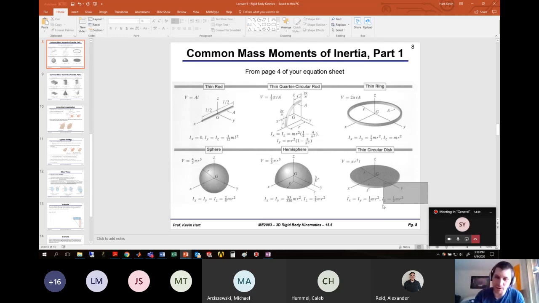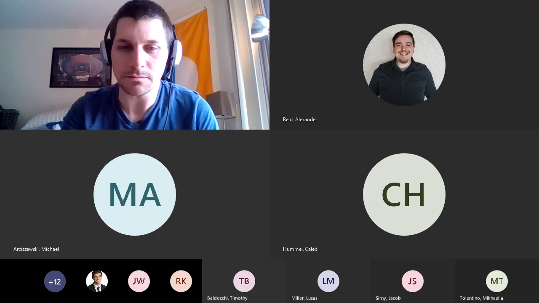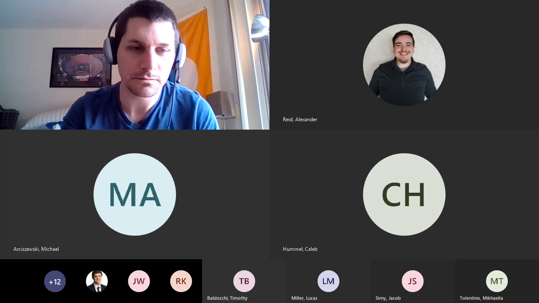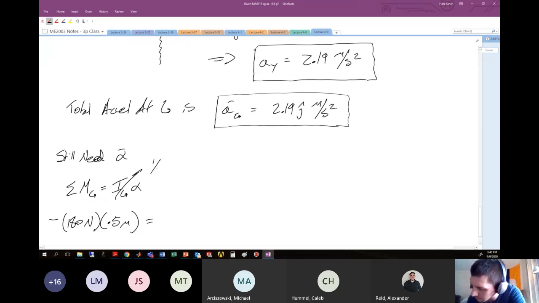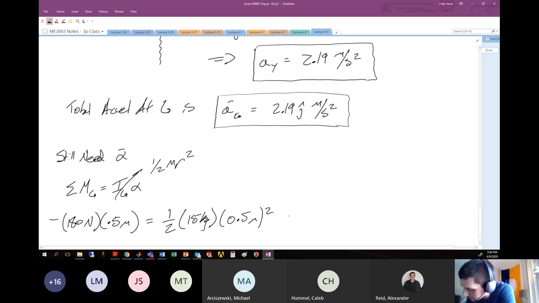So the mass moment of inertia about that axis is 1/2 m r squared. So this will be 1/2 the mass, 15 kilograms, times the radius of 0.5 meters squared, all times the angular acceleration alpha, which is what I'm solving for.